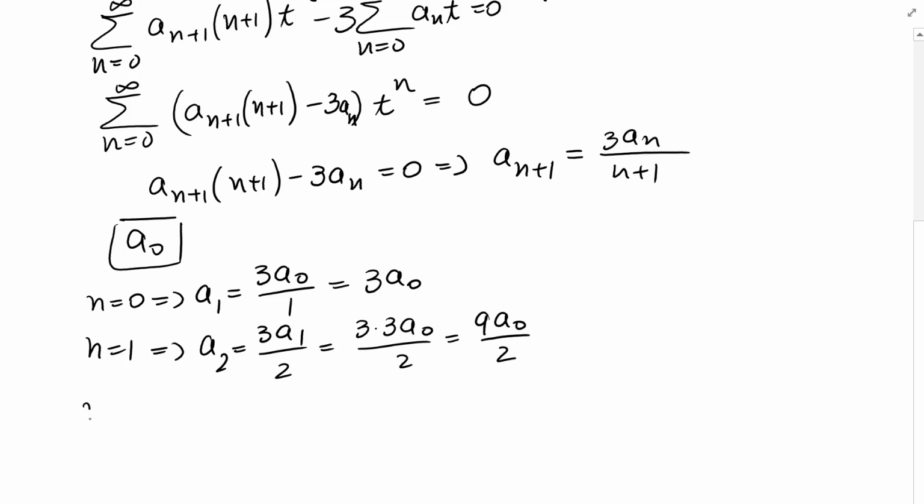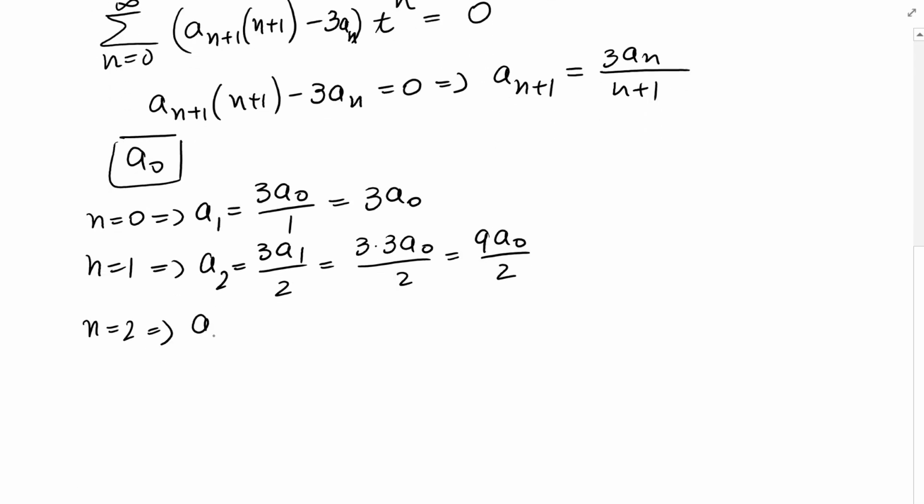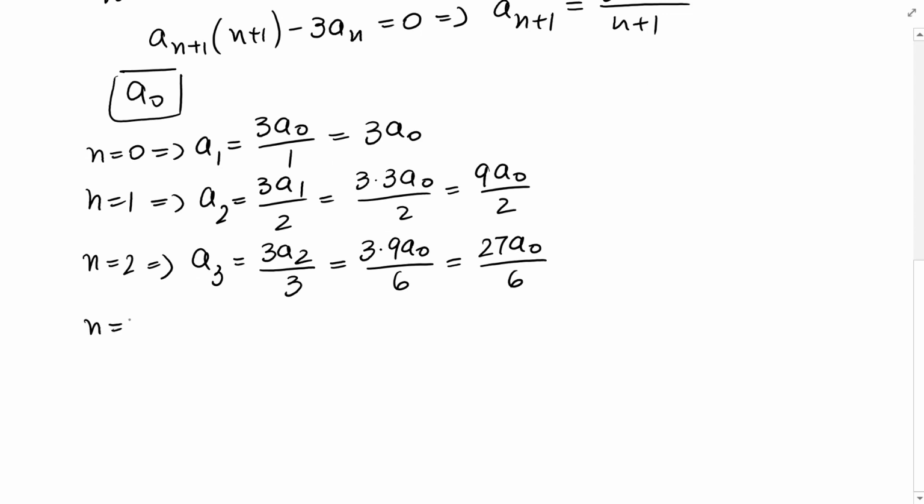So I'm writing each term in terms of a sub 0. First of the previous one, so a sub 3 is 3a sub 2 over 3. So we get 3 times a sub 2, which is 9 a sub 0 over 2, and then over 3 it would be over 6. I do not plan to cancel the 3's, so to simplify, I'm going to write 27 a sub 0 over 6, and maybe we should write one more term.